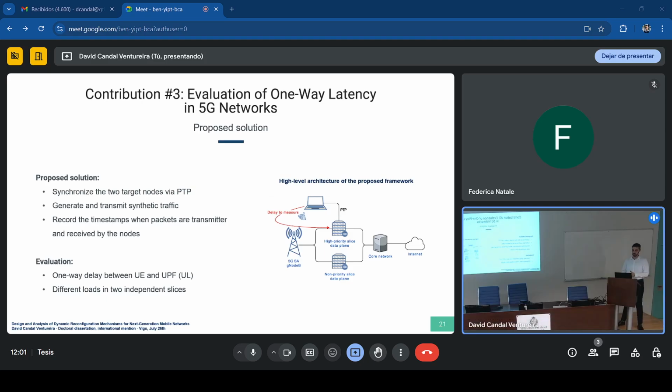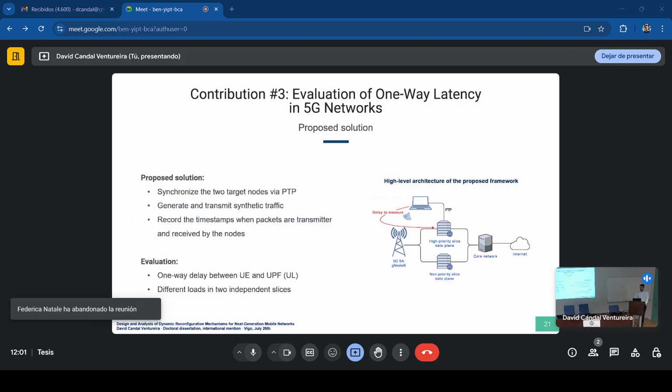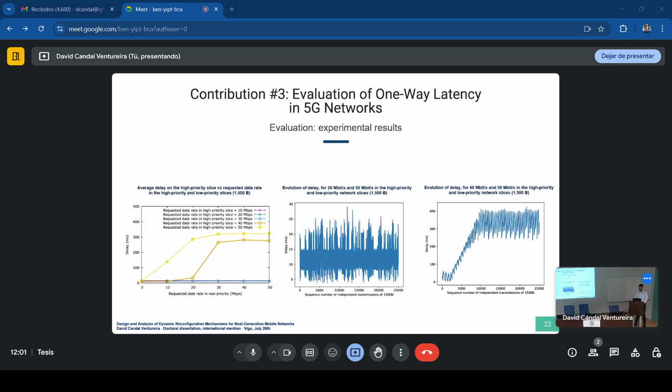But once synchronized, we transmit synthetic traffic following the specific pattern we want to test, and we log the timestamps at which devices transmit and receive the data. Finally, we compare both results, and with this we determine the delay.